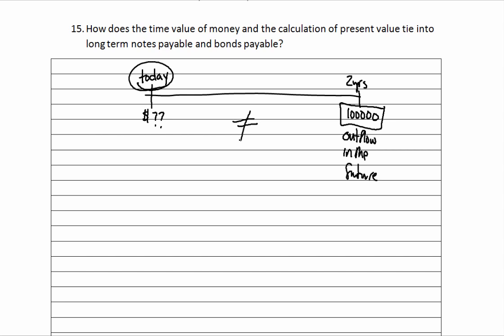Well, it's based on the market rate. Okay, so this is the tie-in. I need to understand present value and the time value of money, because if I don't, I cannot appropriately record my liabilities, my non-current liabilities. All right, let's go down.